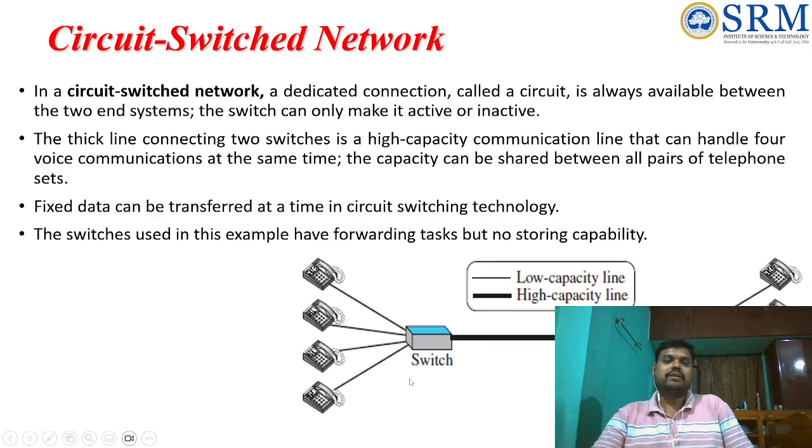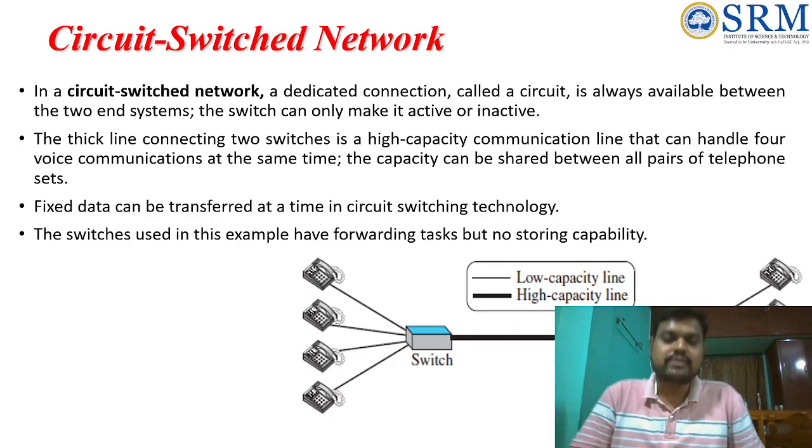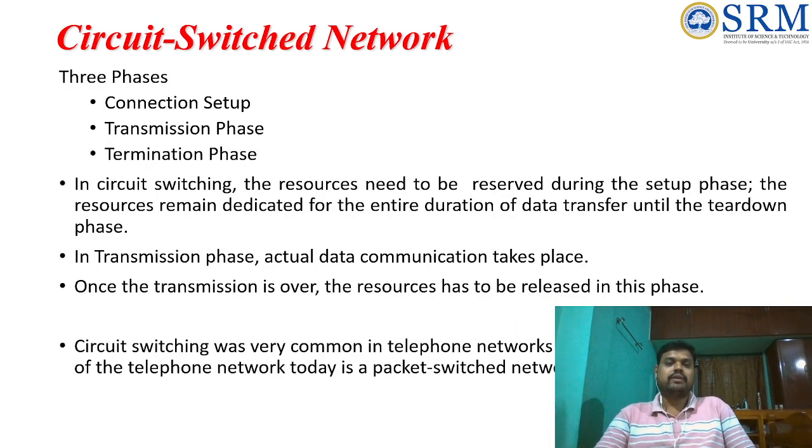The thick line connecting the two switches is a high capacity line that handles the voice communication from one end to another. It is fixed, we cannot change the data capacity of these lines, but it is able to transfer your data completely from one end to another.